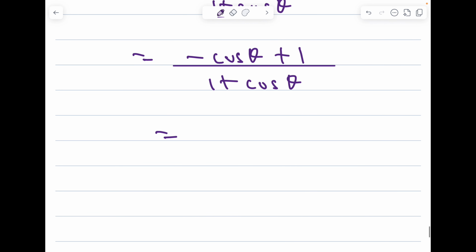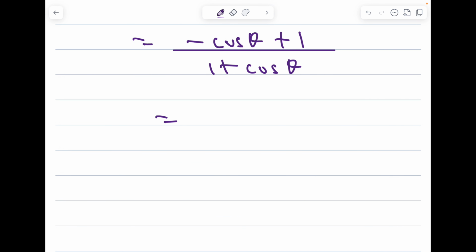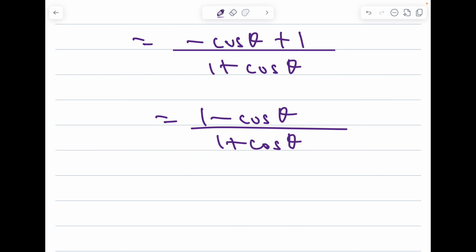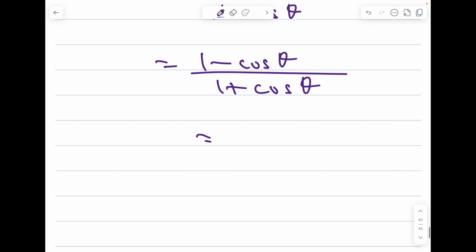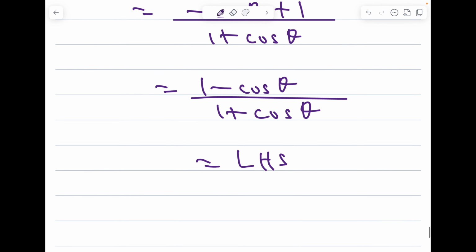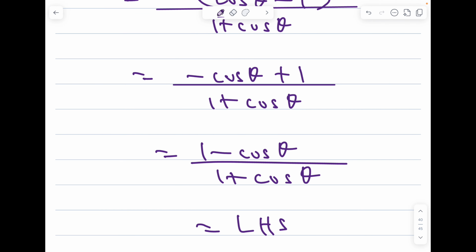And you can already see that that's the same as the left hand side. So that will be 1 minus cos theta over 1 plus cos theta, which is equal to the left hand side. And that's it, very, very simply.